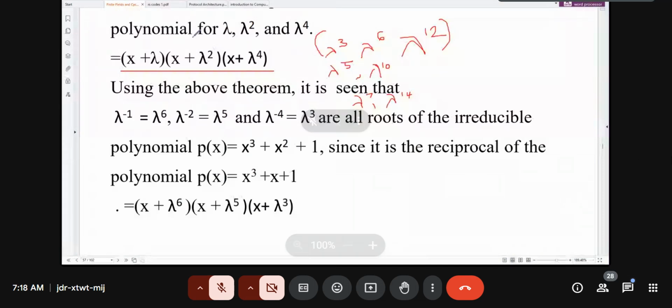Maybe we stick to the case of, now for this case, of course, it's straightforward because after that, you have lambda to the 3 only. So you have lambda to the 3, and then lambda to the 5.